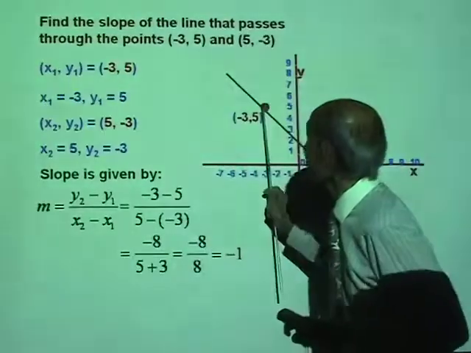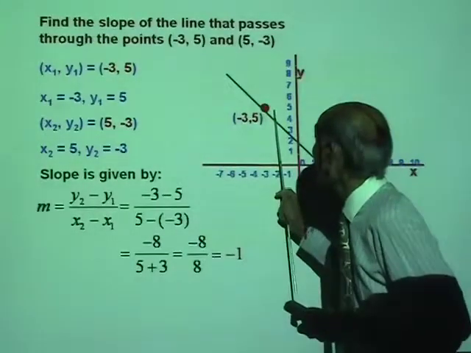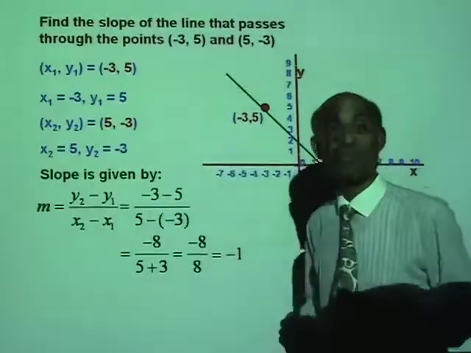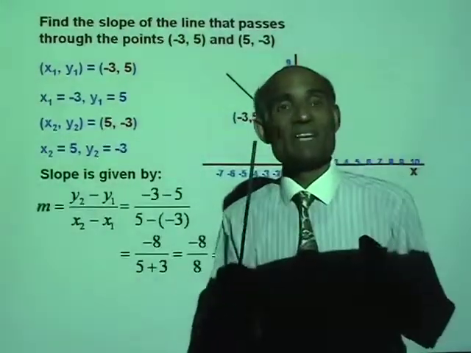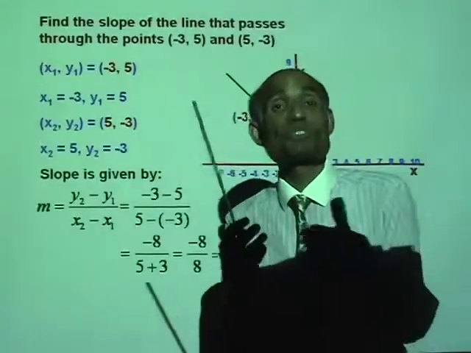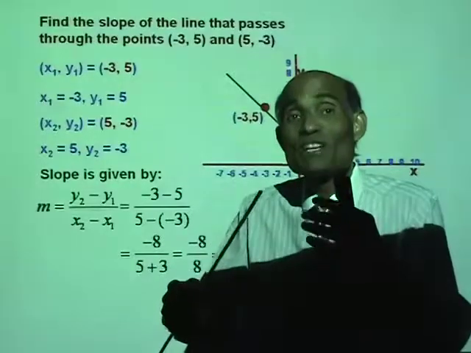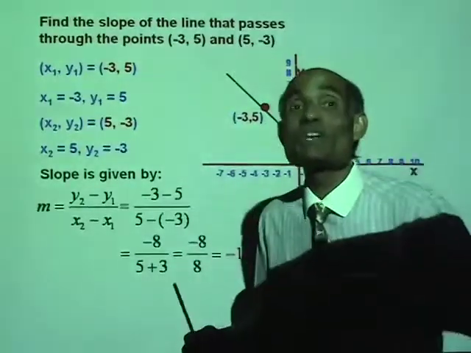You see, I walk 1, then I fall 1 unit. That is the meaning of -1. You see, this time the slope is negative. That means when the input increases, the output decreases.